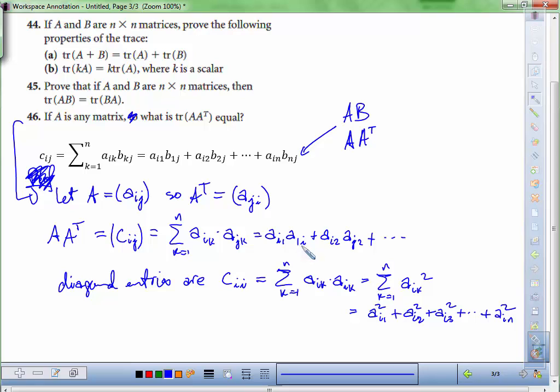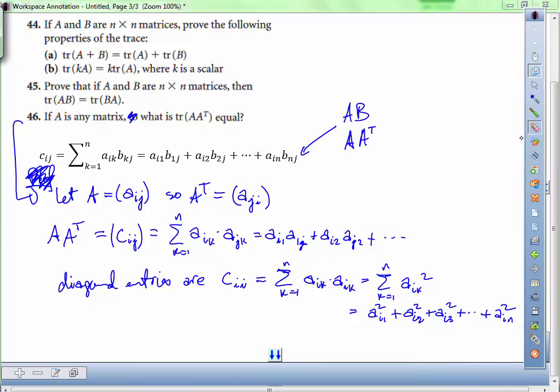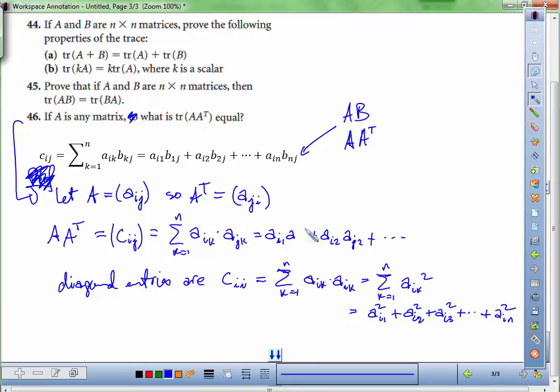This one? 1j or j1? J has to be j1, right? Okay. Is that better?